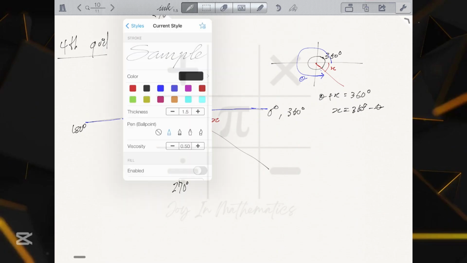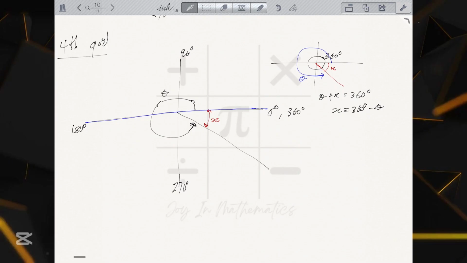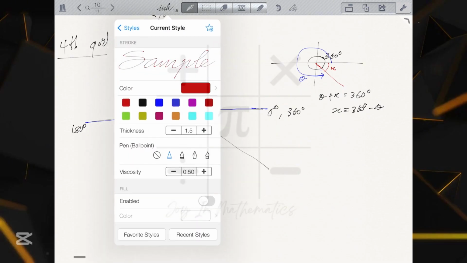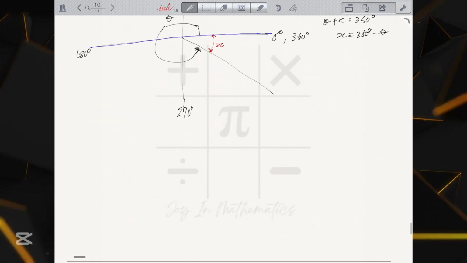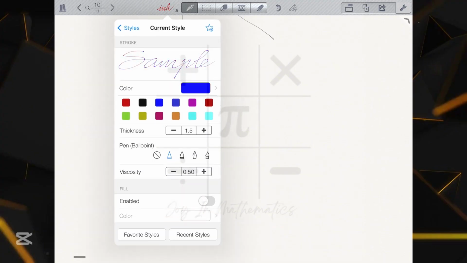So now we have the related acute angle, which is x equals 360 degrees minus theta. Now, all these are important. We are still laying the foundation on how to come about trigonometric ratios of angles from 0 degrees to 360 degrees. Now, let's draw the conclusion that we have now.